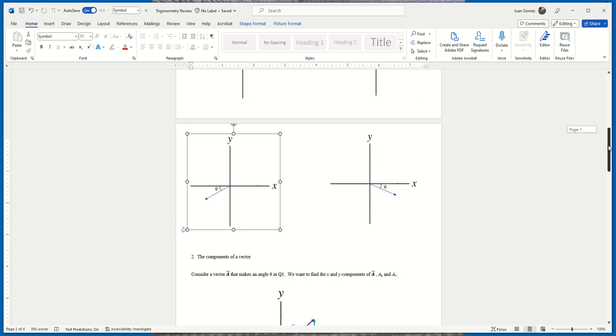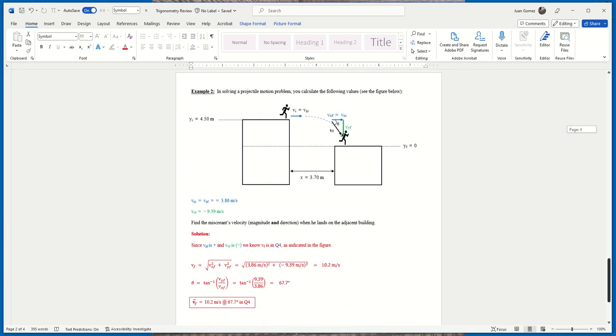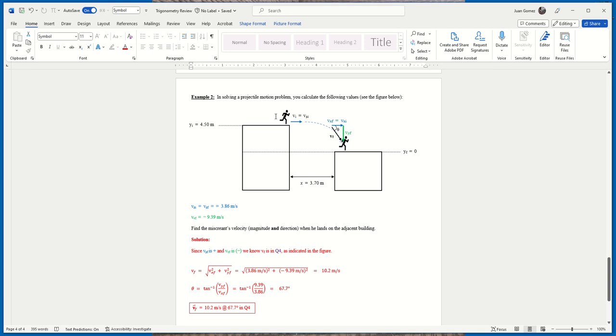Now let's look at another one, which becomes important when we get to projectile motion. Well, here's an example where somebody is running off a building horizontally, so their initial speed is entirely in the x direction. Well, gravity is going to pull the person down, so their speed is no longer going to be horizontal.